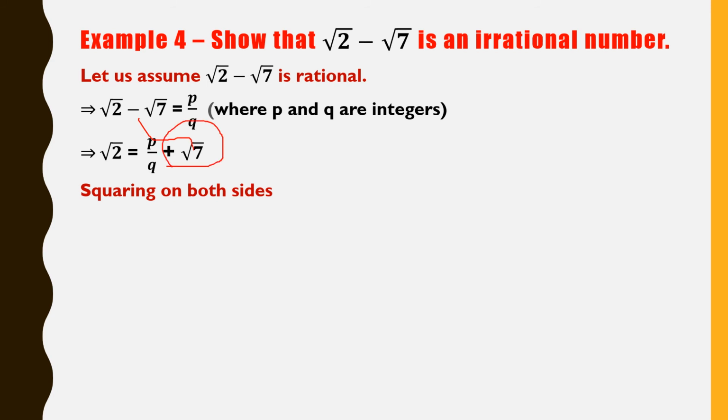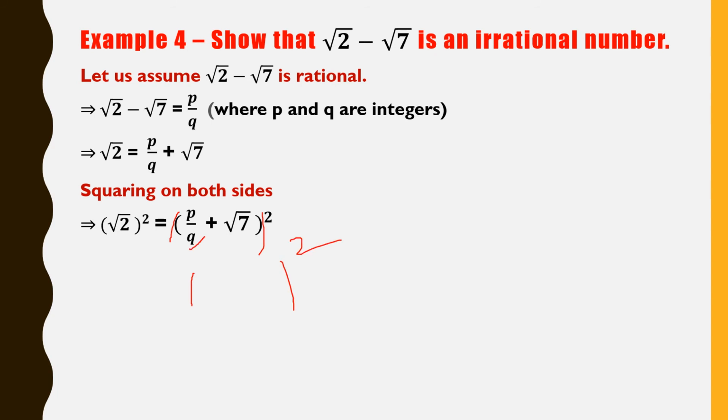Now here we should do squaring on both sides, right? Do squaring for both of them. Okay, now if you observe carefully here, we have a whole square, so I'll put whole square. This is a different variable and this is also a different one, so I'll write this one as a and this one as b. In between you have plus, so I'll put plus.